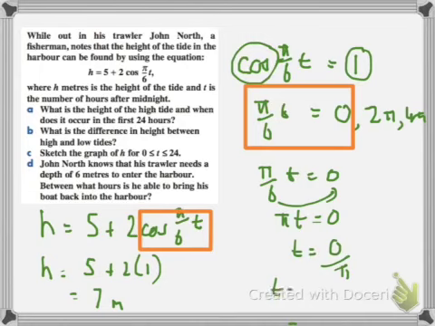T equals 0, and because we know that t is the number of hours after midnight, then if it's 0 hours after midnight, the time when the high tide first occurs, when t equals 0, is actually midnight. So there's our answer to question A.